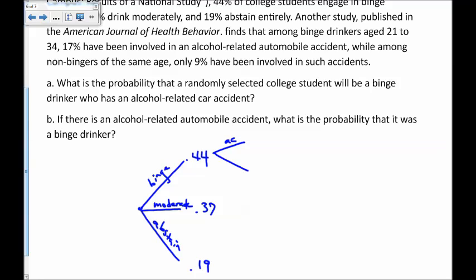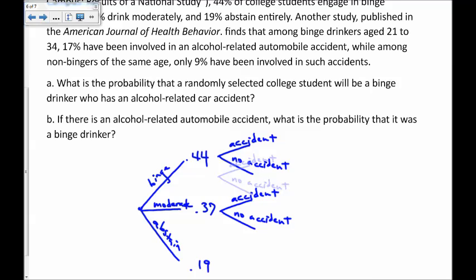So accident, no accident. 17%, which means that 83% have not been involved in an alcohol-related car accident.